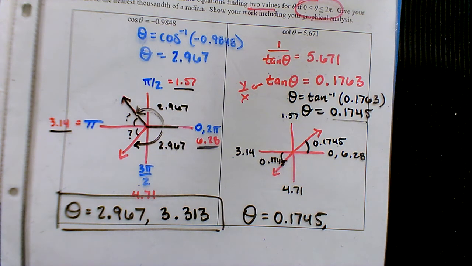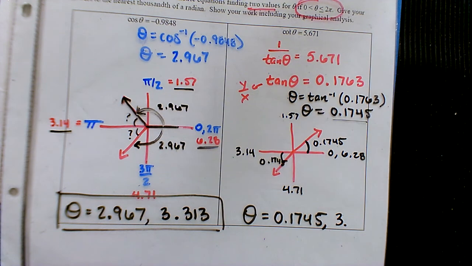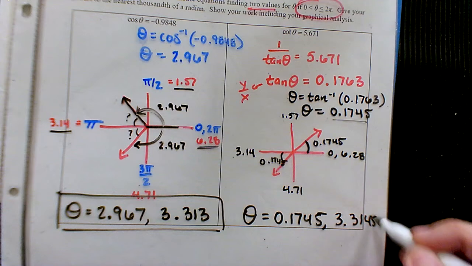What's our other angle? Three-point something. Let's see, 3.3145.